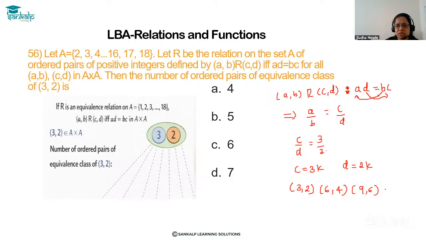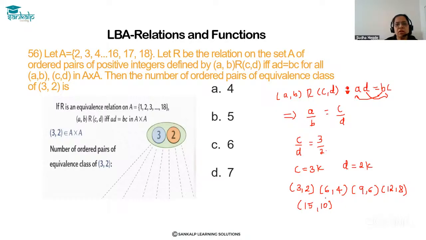Can you guess what is the next? Yes, it is 3 into 4, that is 12, and 2 into 4, that is 8. What's the next pair? 3 into 5 is 15, 2 into 5 is 10.